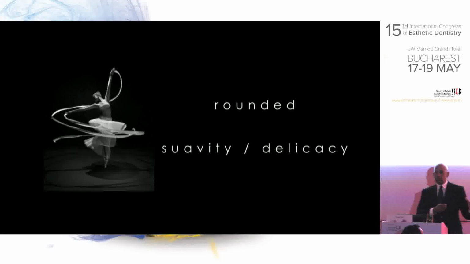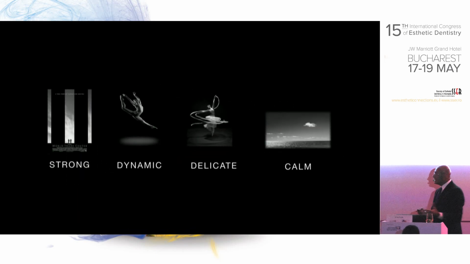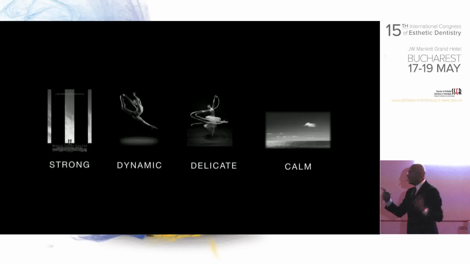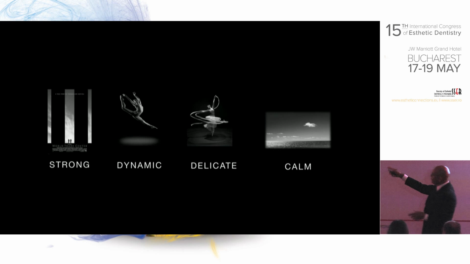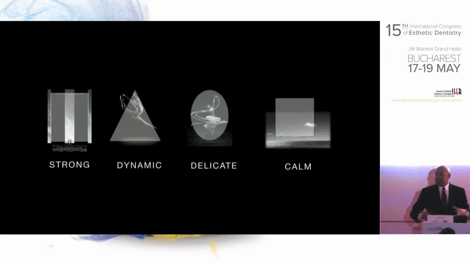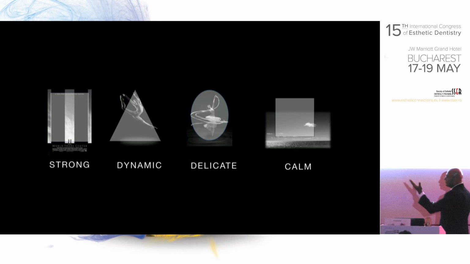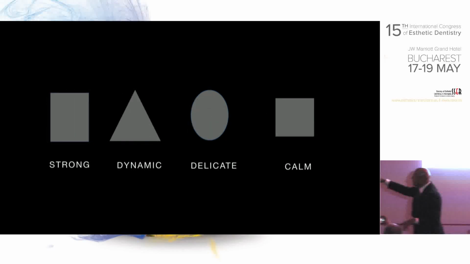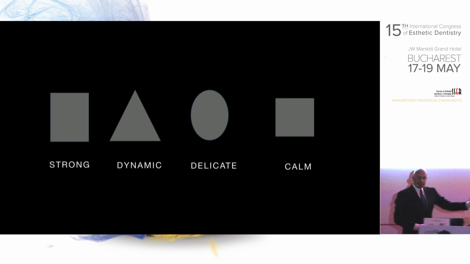But at the end of the story, we saw the similarity that even in his research, all this visual language was divided into 4 groups: strong, dynamic, delicate, and calm. And these are not our findings, but these images like the square, triangle, ovate, and rectangle, in psychoanalytic language, are the shapes which are accepted to represent strong, dynamic, delicate, and calm.